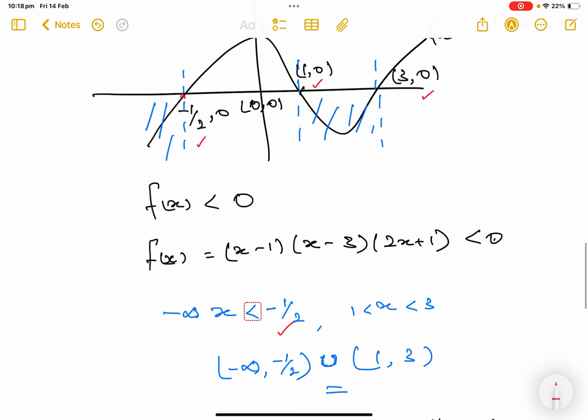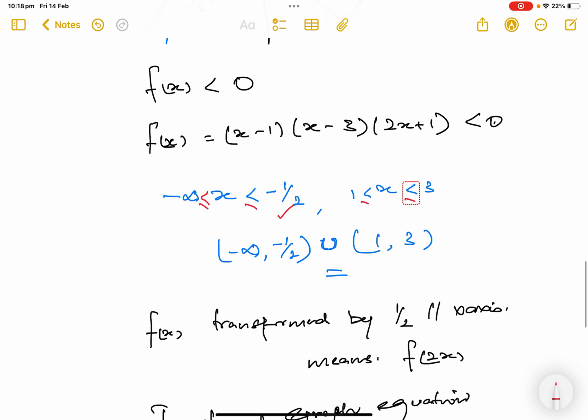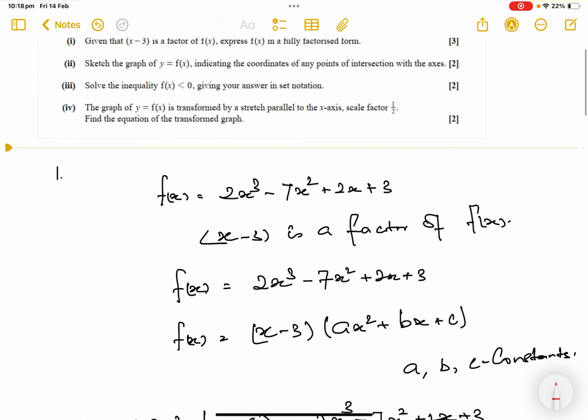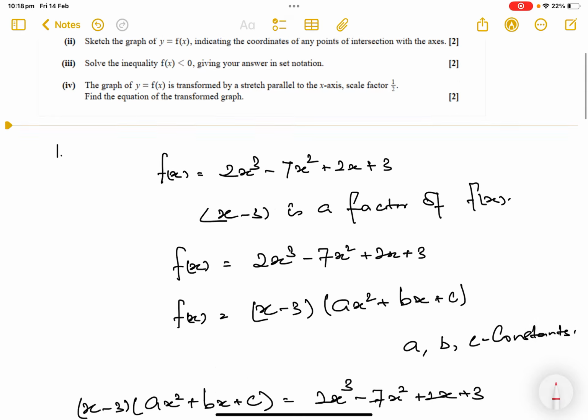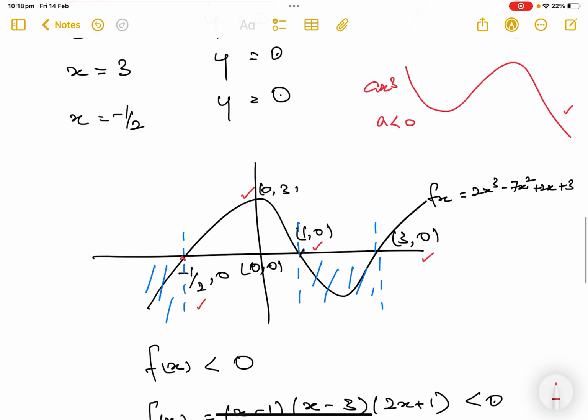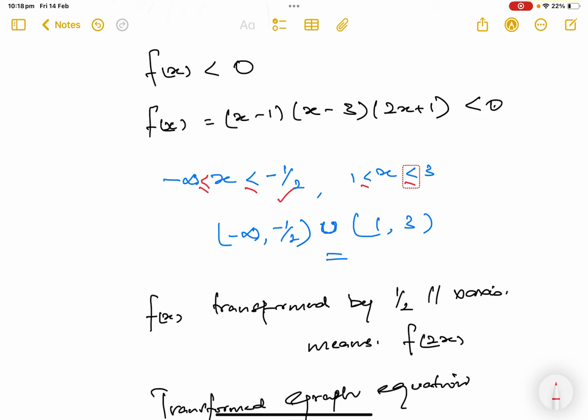We can actually put greater than or equal, that's equal as well, so we can do that. Then they ask us to put it in the form they want, set notation. So we give the values as minus infinity to −1/2, union 1 and 3.